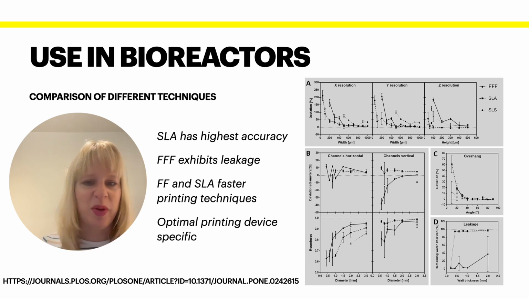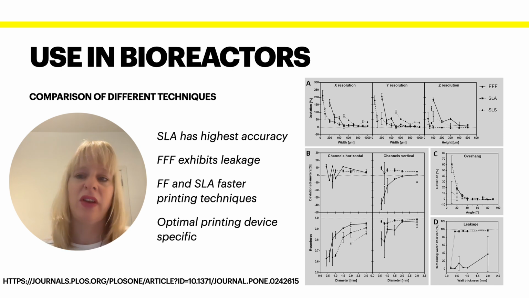Then the other thing that people started to have a look at, which is very important, is this leakage that I touched upon first. So I mentioned there are techniques to reduce leakage when you use FFF, but you might have to use some evaporation techniques, so they add to additional costs. You might have to really increase the infill. So it doesn't really benefit because FFF is supposed to be a really cheap printing technique.